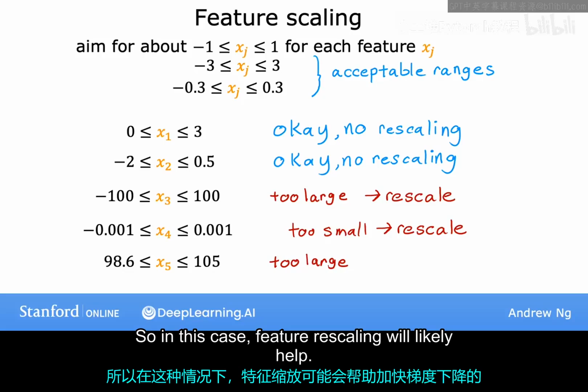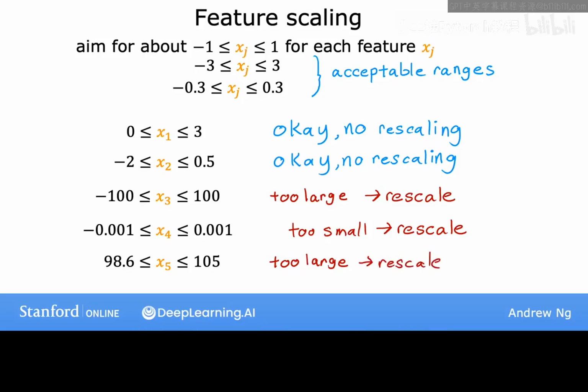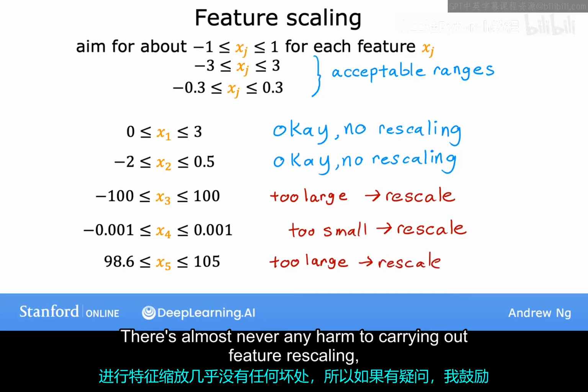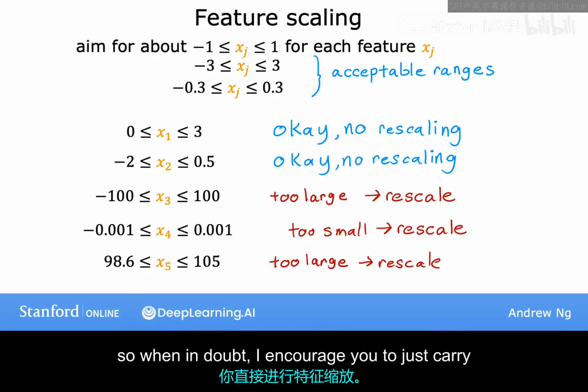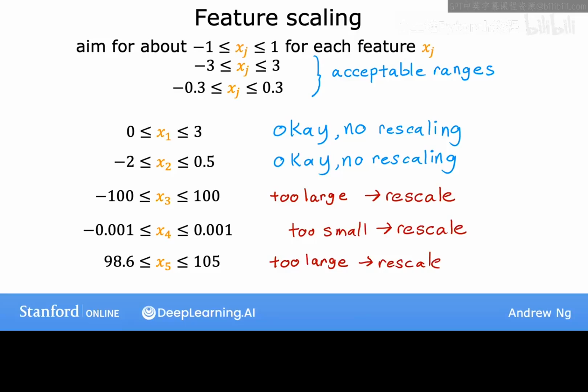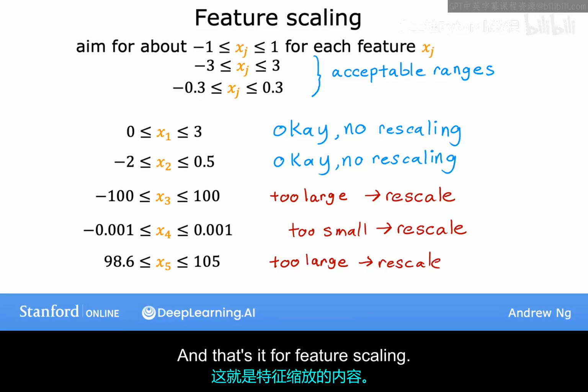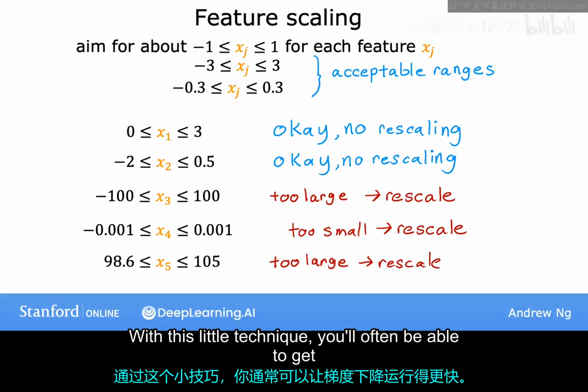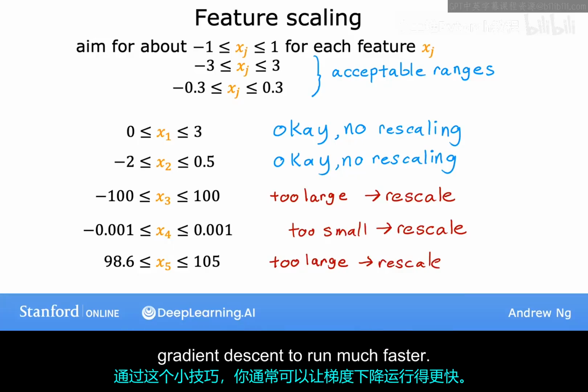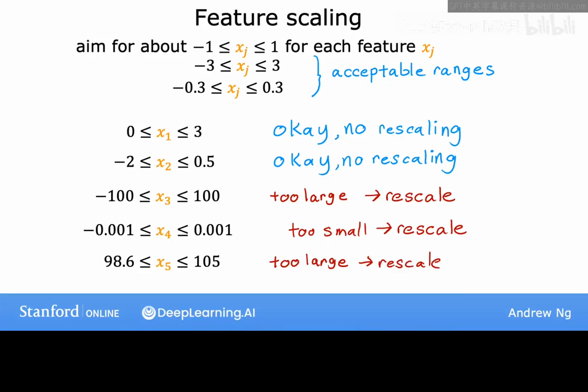So in this case, feature rescaling will likely help. There's almost never any harm to carrying out feature rescaling, so when in doubt, I encourage you to just carry it out. And that's it for feature scaling. With this little technique, you'll often be able to get gradient descent to run much faster.